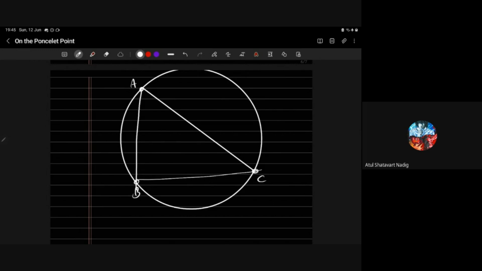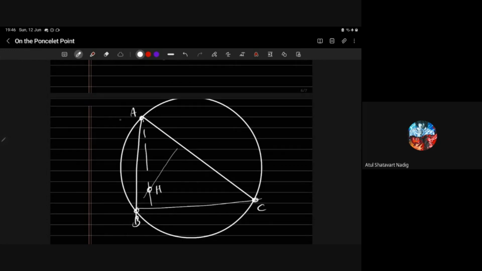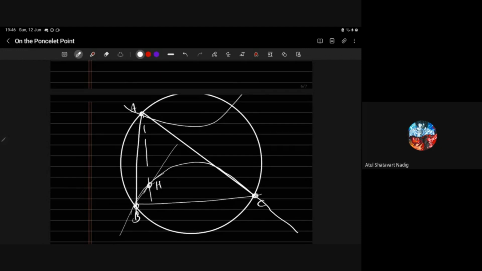And let's say H is the orthocenter of ABC. Now consider some rectangular hyperbola through ABC and H. Let's say it looks like this. Not a good diagram, but okay.